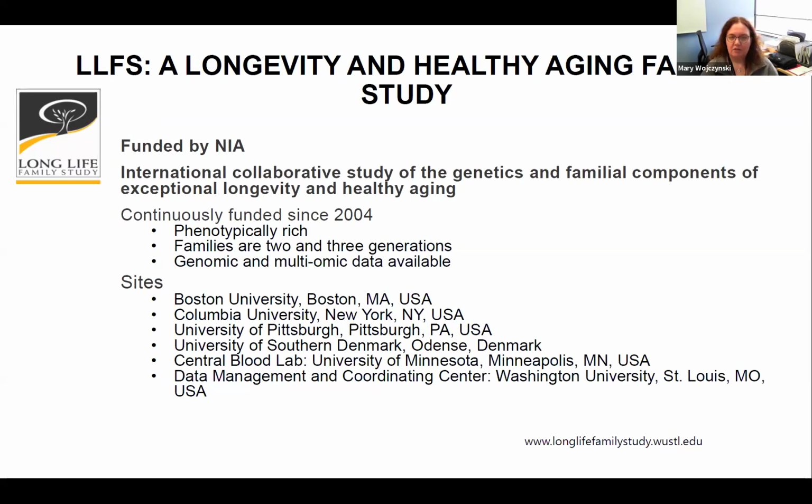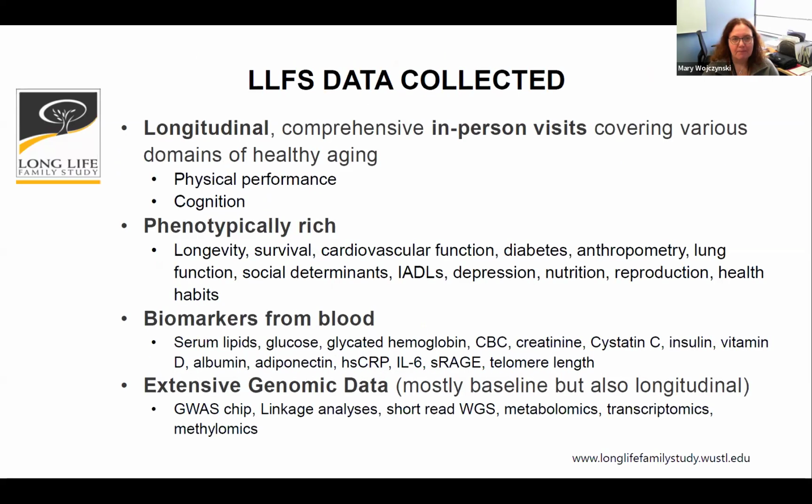As I said, our families are 2 and 3 generations, and we have genomic data as well as multi-omic data available in addition to the phenotype data. I've already gone through the sites and the blood labs, so we can go to the next slide, please. Our data is also longitudinal. We have up to 3 visits now on participants, and these are in-person visits, which are usually conducted in their homes.